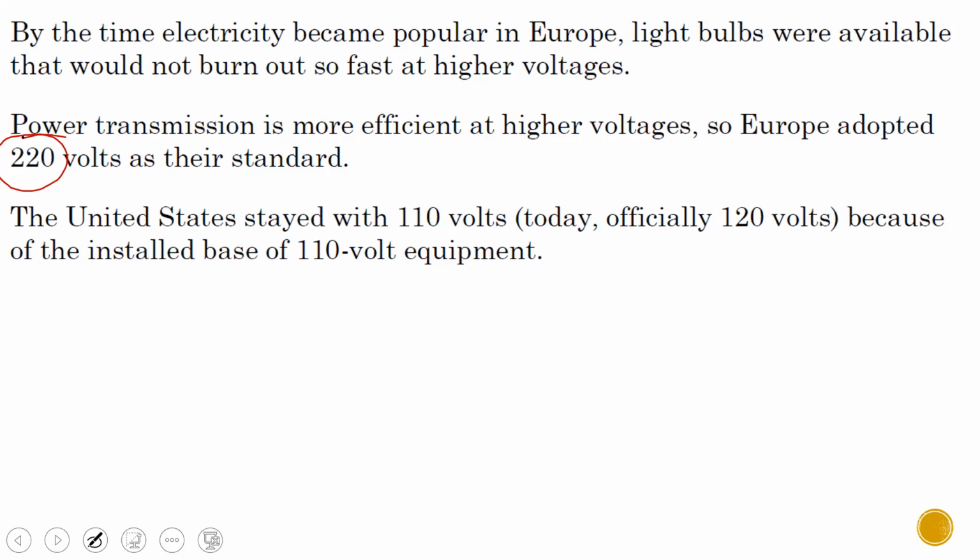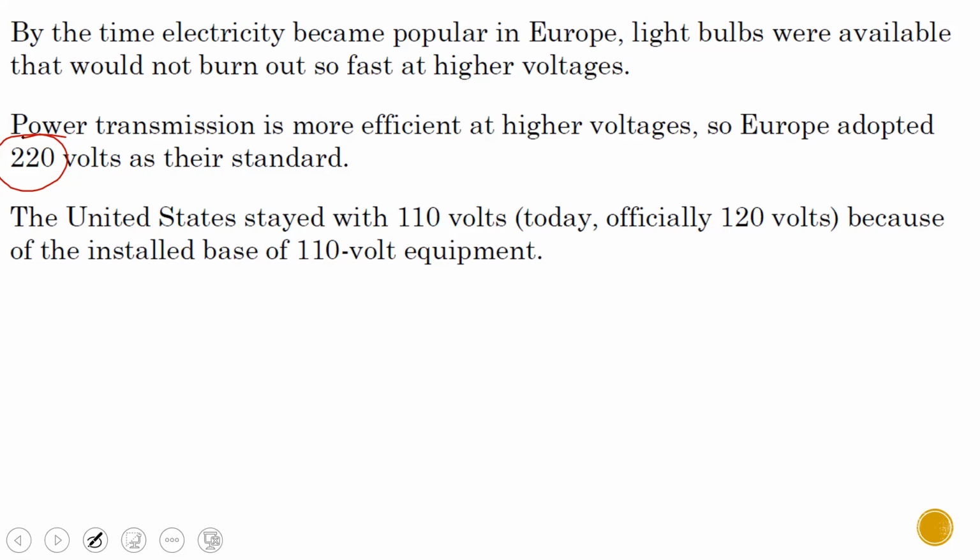They made a new thing, 220, and it doesn't burn the light bulb. Power transmission is also more efficient at higher voltage. So Europe adopted 220 volts as its standard, which is more efficient for us.